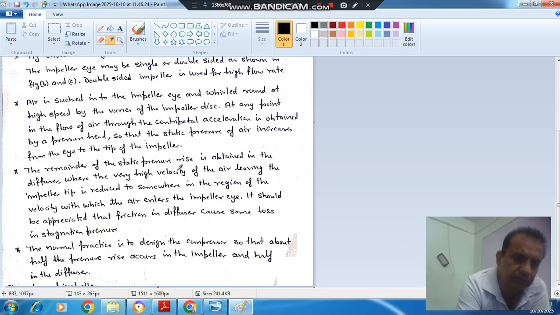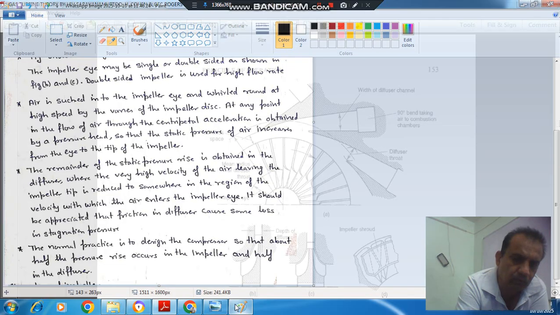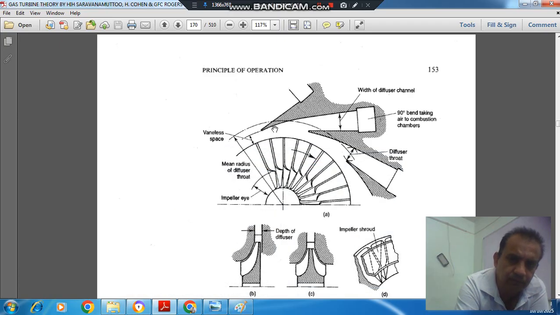The remainder of the static pressure rise is obtained in the diffuser, where the very high velocity of air leaving the impeller is reduced to somewhere in the region of the velocity with which the air enters the impeller eye. So now after the impeller there is the diffuser, and the diffuser is not imparting any energy to the air. It is changing kinetic energy to pressure energy. So here the kinetic energy is reduced and pressure energy is increased.